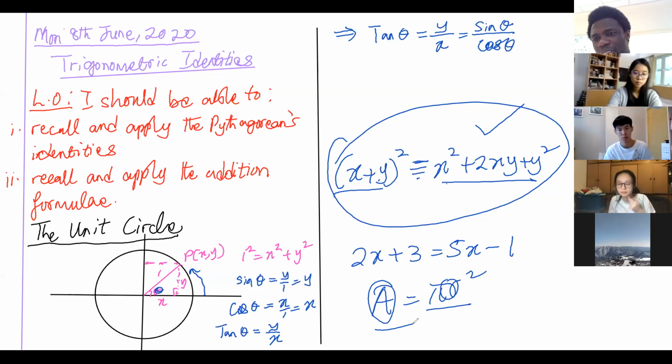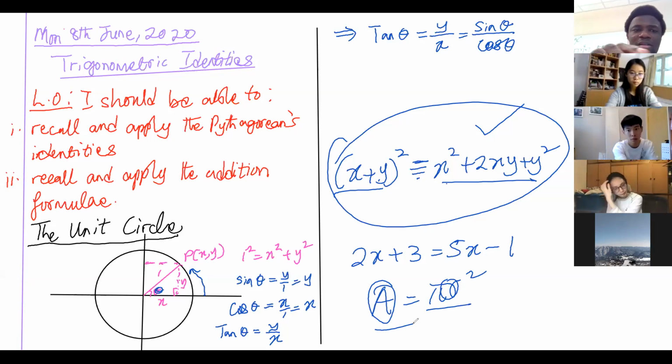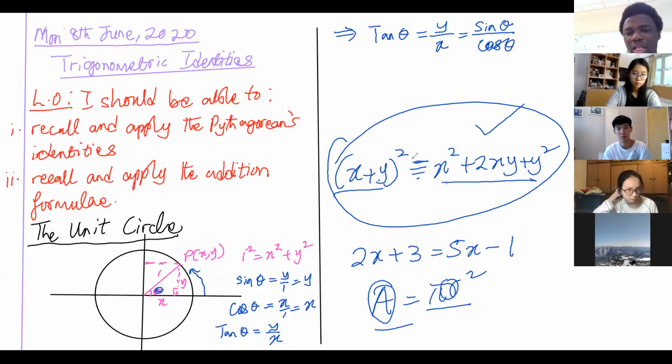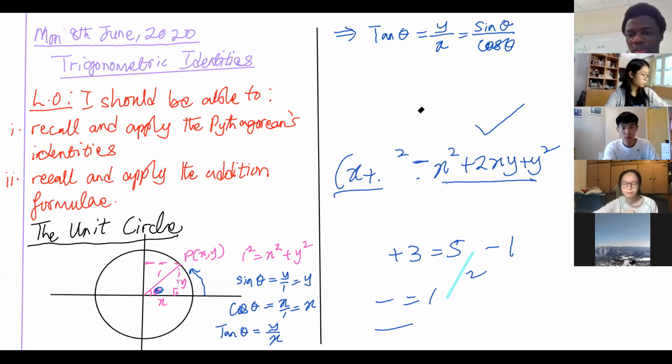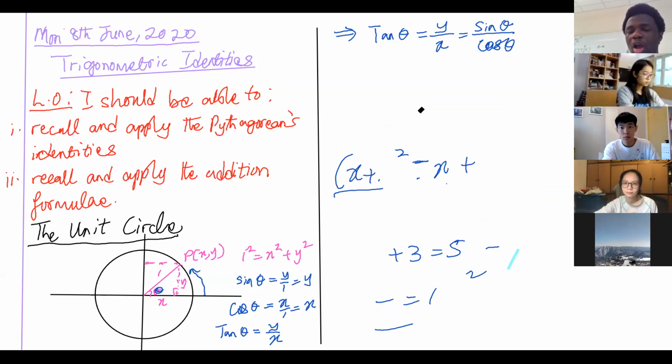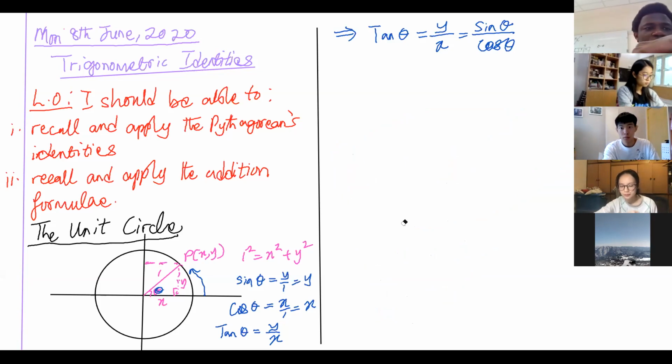Do you understand my point? But when you have an identity, any x or y value on both sides substituted makes that true. Then you have an identity. So in that case, we say the left is equivalent to the right. So this is a trig identity, the one we have just written, because for any value of theta, tan theta must be equal to sine divided by cos theta.